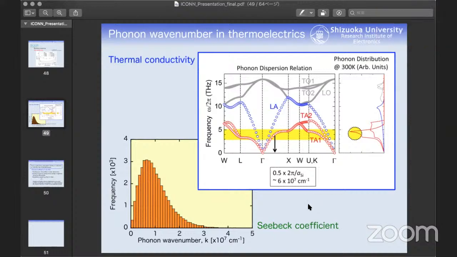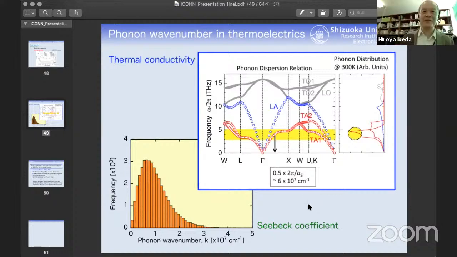I don't know skutterudite deeply, but I imagine these parameters influence your case. Okay, thank you.